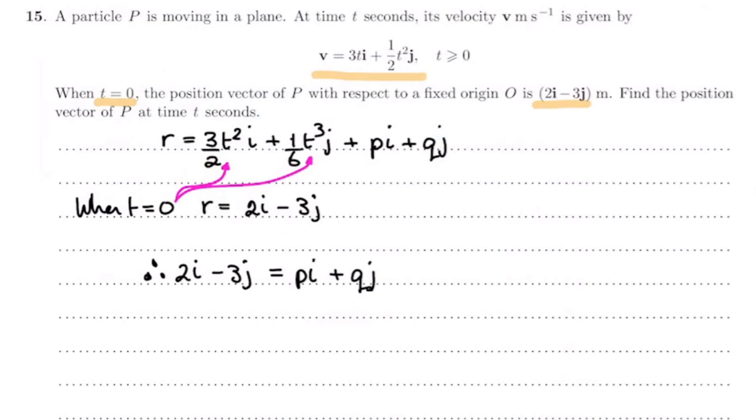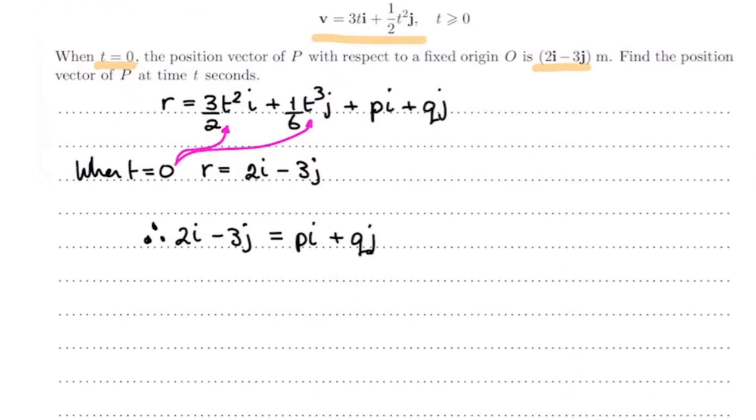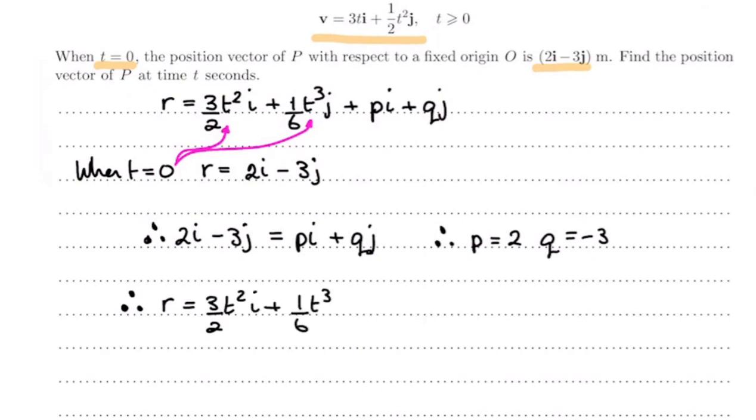And therefore you can see p must equal 2, q must equal -3. And then we just update our general position vector: r equals 3 over 2 t squared i plus a sixth t cubed j plus 2i minus 3j.